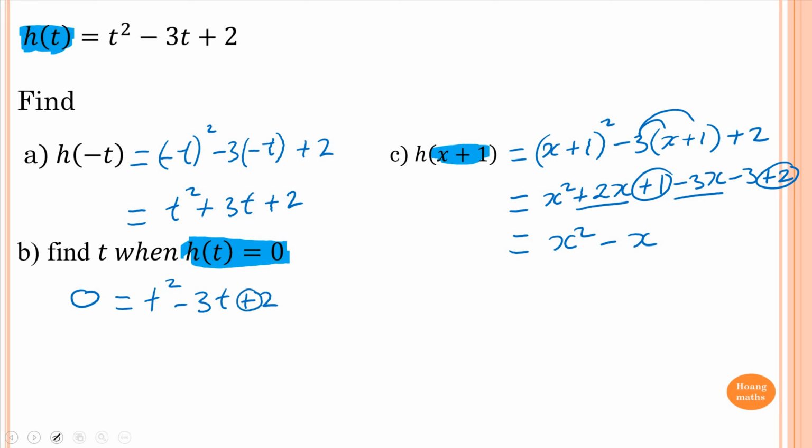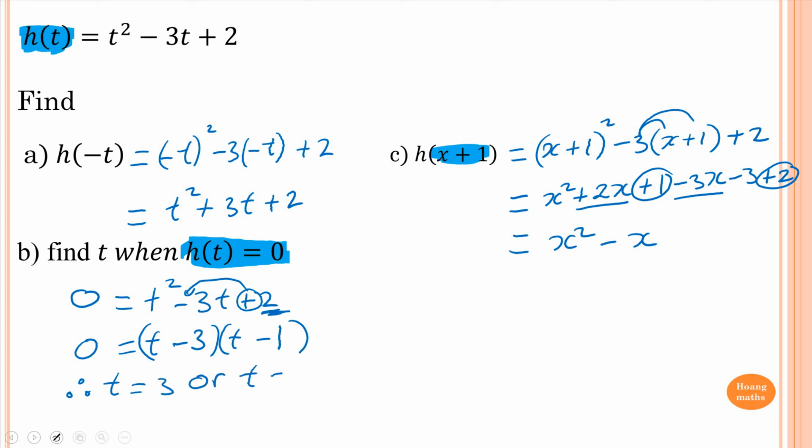It's a positive on this here, so I just copy whatever this side here, so 0 equals t squared, t minus, and then t minus. So what times what gives me 2, this 2 here, and adds to give me 3, 2 and 1, because 2 times 1 is 2, 2 plus 1 is 3, so I put 2, 1. It doesn't matter which one you put, of course, they're both the same. You can put 1 first or 2 first, doesn't matter. So therefore, t is equal to 2 or t is equal to 1.